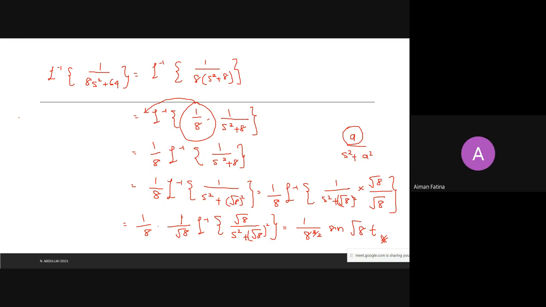Madam, kalau letak point boleh? Point macam mana? Contoh kan, kalau 1/8 kuasa 3/2, dia akan dapat 0.044.